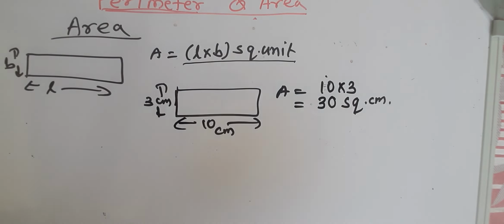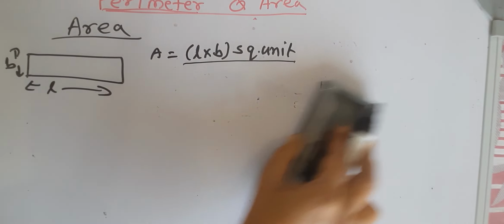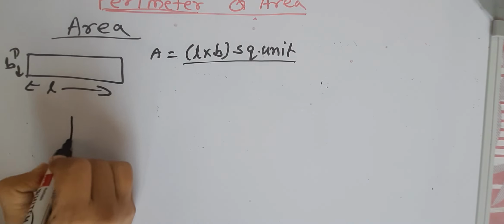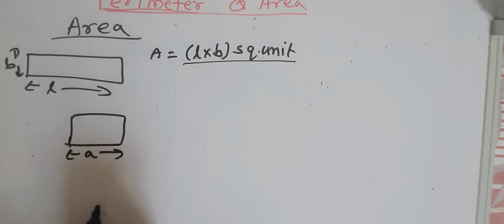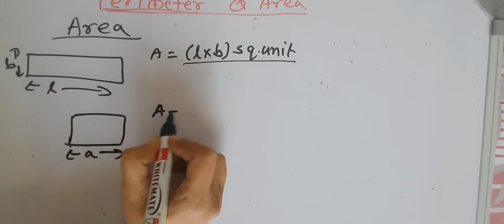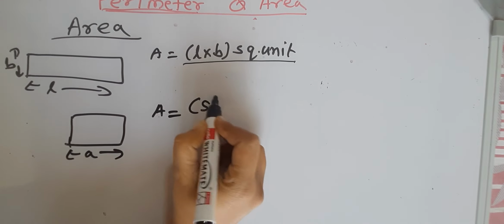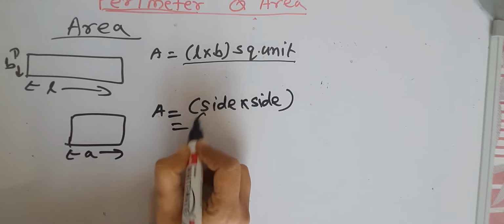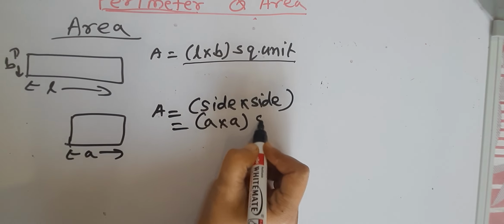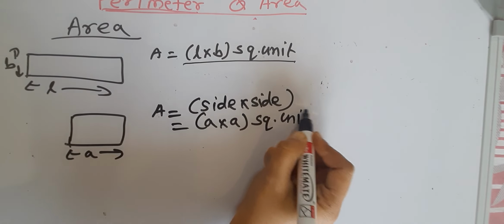Okay. Now let's see for the square. For a square we know all sides are equal. So for a square the formula for area is side into side. So we can say A into A, square unit.